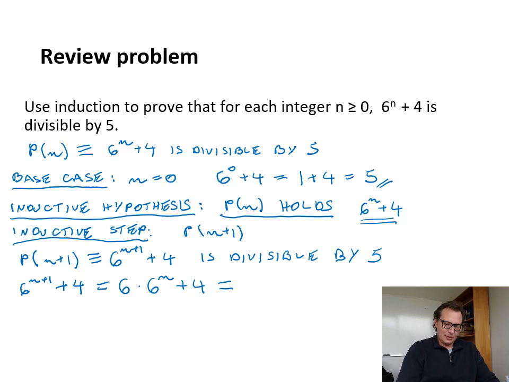So we want to somehow get this form in here. So let's try to pull out 6. So we have 6 times (6 to the power of n plus 4) and then we have minus 20.